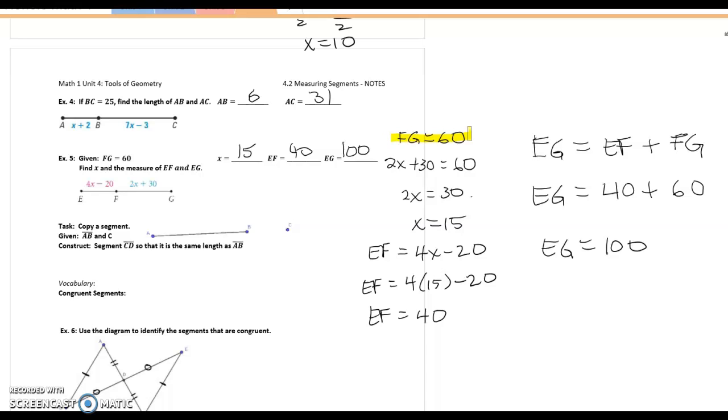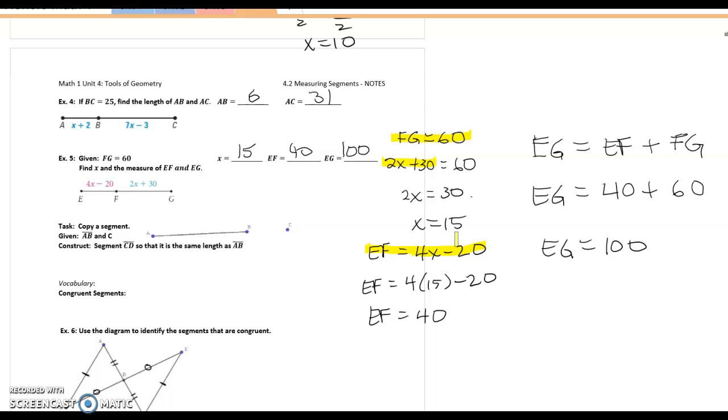And then through substitution, I plugged in 2x plus 30 in for FG. Solving for EF, again, I started off with what's given. I made a statement saying that EF is equal to 4x minus 20. Then I used the substitution to solve for EF.